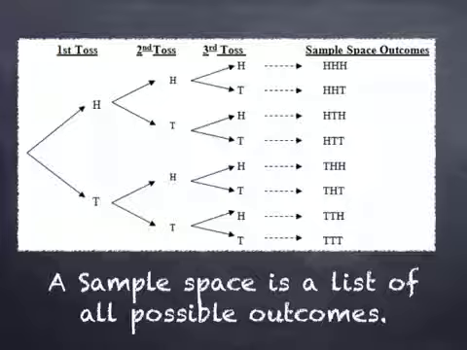Up here is a sample of a tree diagram. And this is a tree diagram for tossing a coin 3 times. So the first toss, you get either heads or tails. Once you toss it, let's say you get tails, then you get to toss the coin again. And you're going to either get heads or tails again.